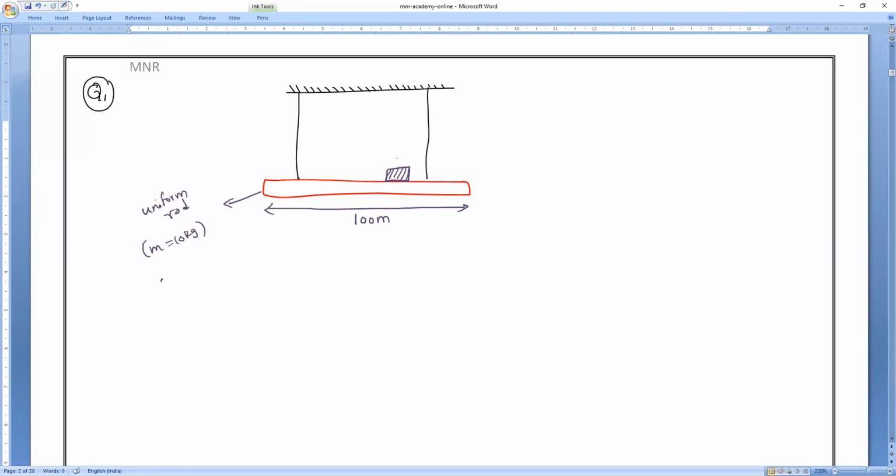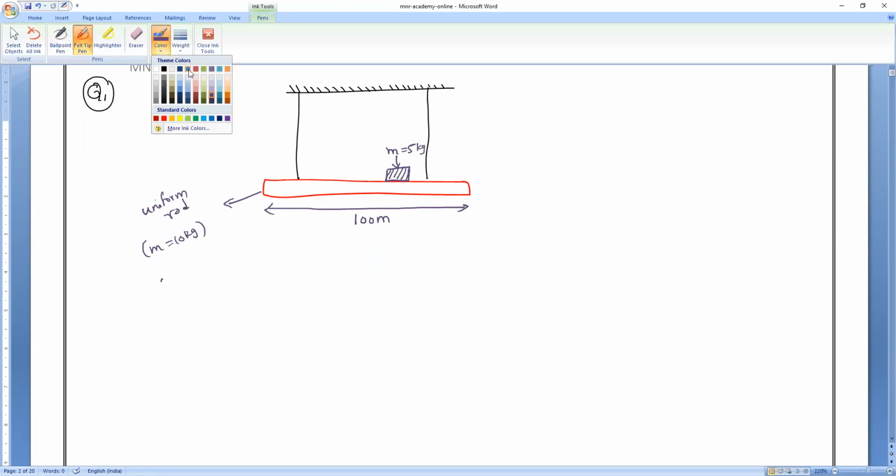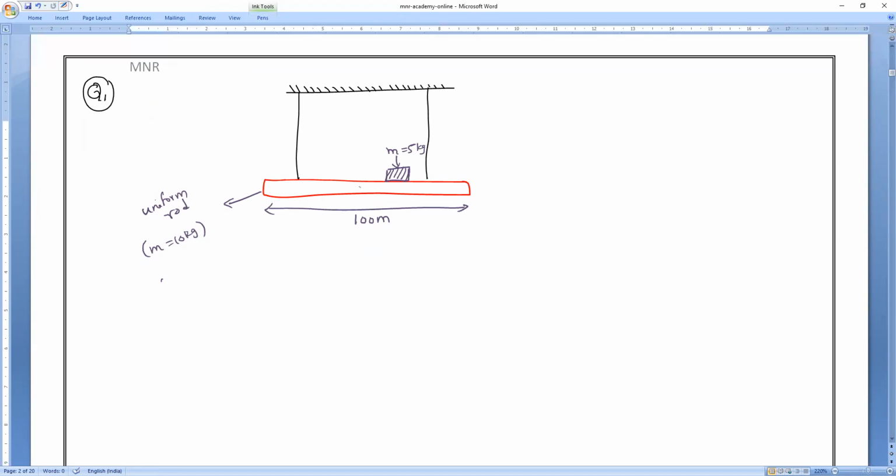And the small mass which I kept here is 5 kg. How much, guys? 5 kg. Now we all know that the center of mass, since it is uniform, is exactly located at the middle, the 50 point. Am I right, Rudreswar? So this body is in equilibrium.